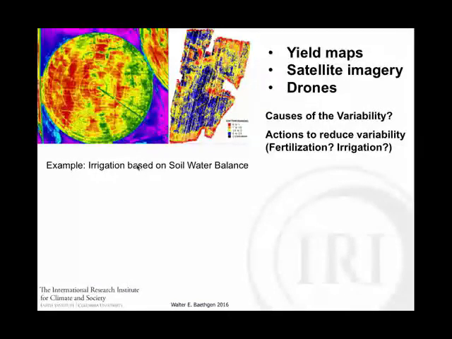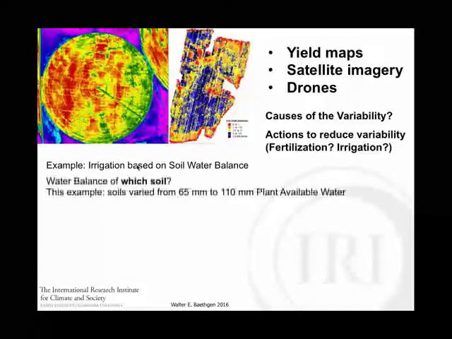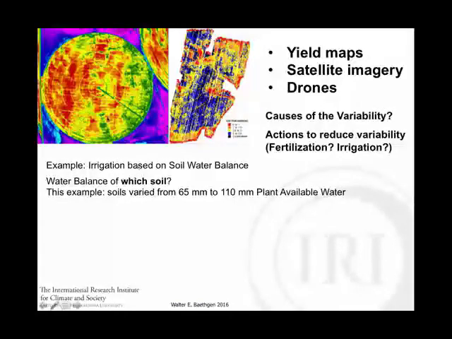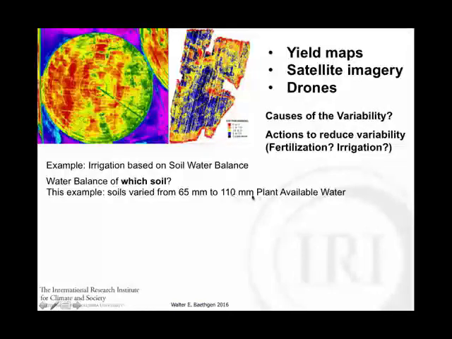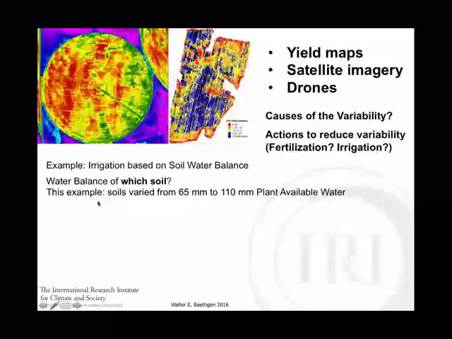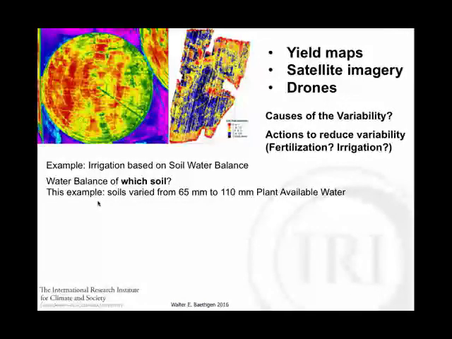Now, it's good, it's rational, it's a good way to make decisions on irrigation. The question is, the irrigation is based on the soil-water balance of which soil? In that field, the soil-water holding capacity varied from 65 to 110 millimeters of plant available water in the same field.